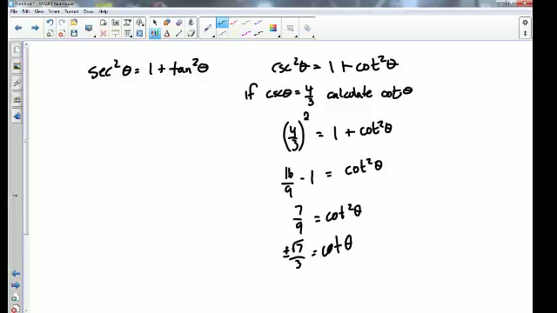Okay. Was that a hard one or an easy one? No, that was the easy version. The hard version doesn't ask for cotangent, it asks for tangent. Same process to get cotangent, right? Now you convert to tangent. So what's tangent? Cosine over sine, isn't it?